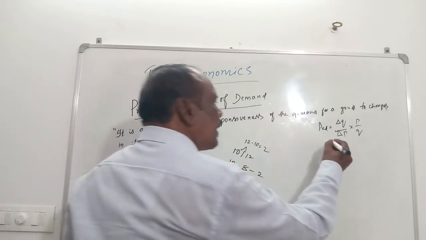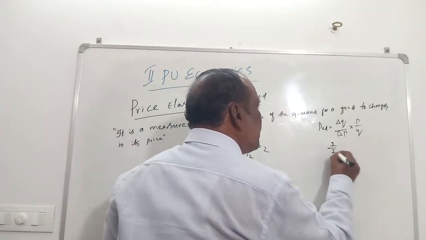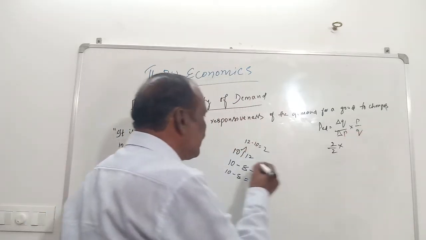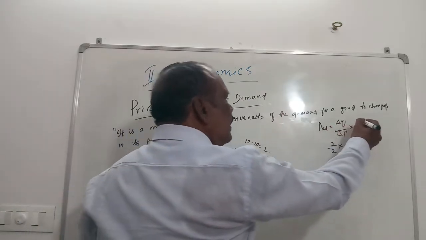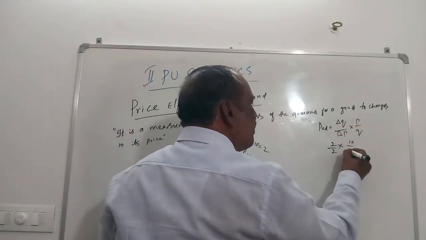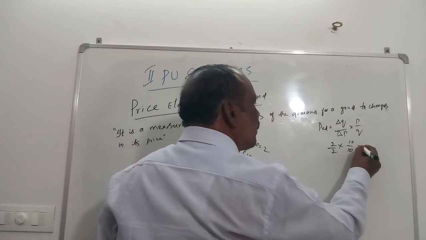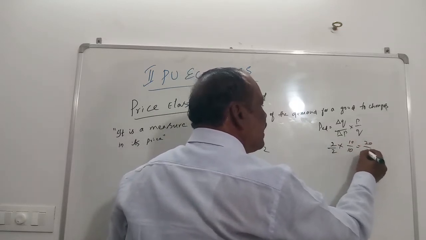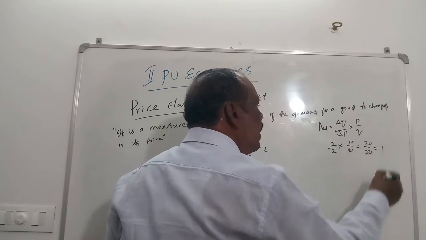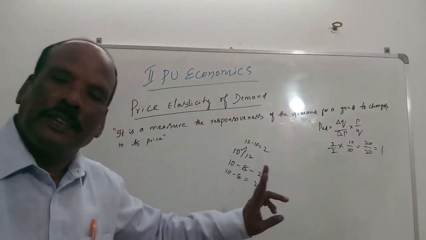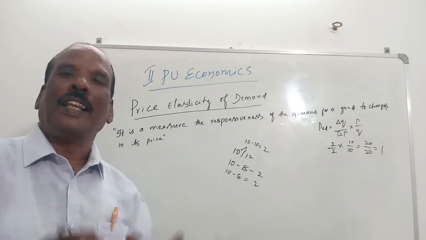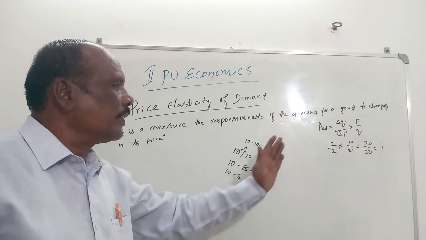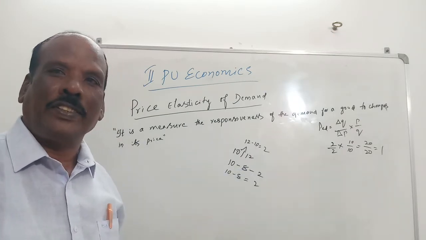So 2 divided by 2 into the initial price 10 divided by 10, which is 2 into 10, that is 20, 20 divided by 20 is equal to 1. So that is unitary elasticity. We will see that.